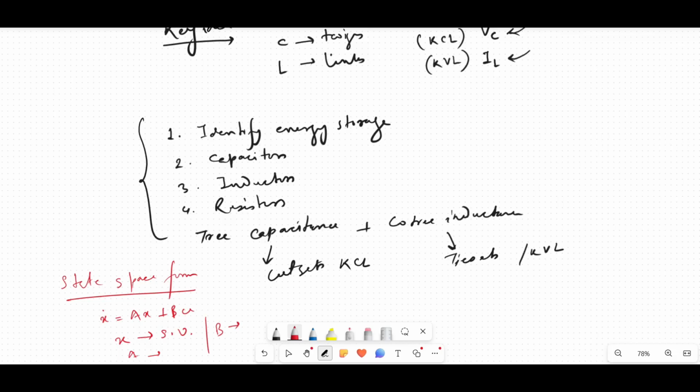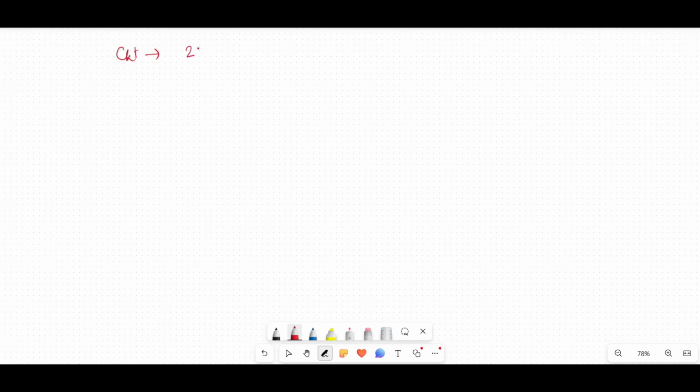and this is where graph theory becomes extremely powerful, right? Suppose we consider a circuit which contains two capacitors and one inductor. The number of state variables will be 3 because we have VC1, VC2 since we have two capacitors, and one inductor, so it will be IL.